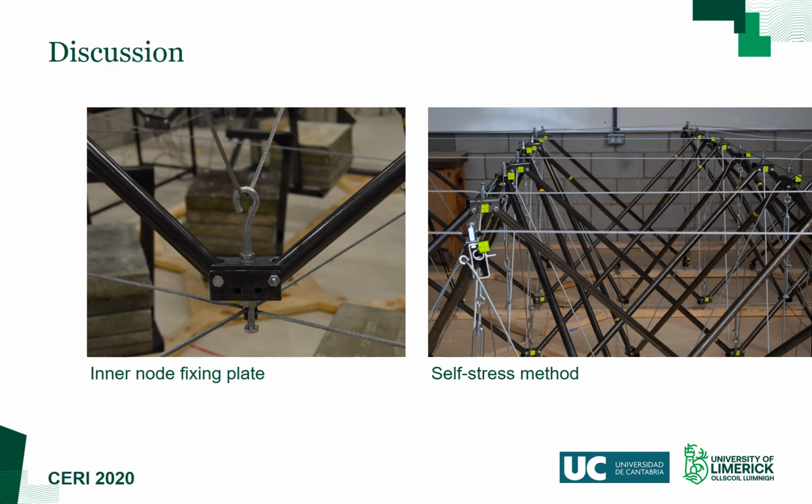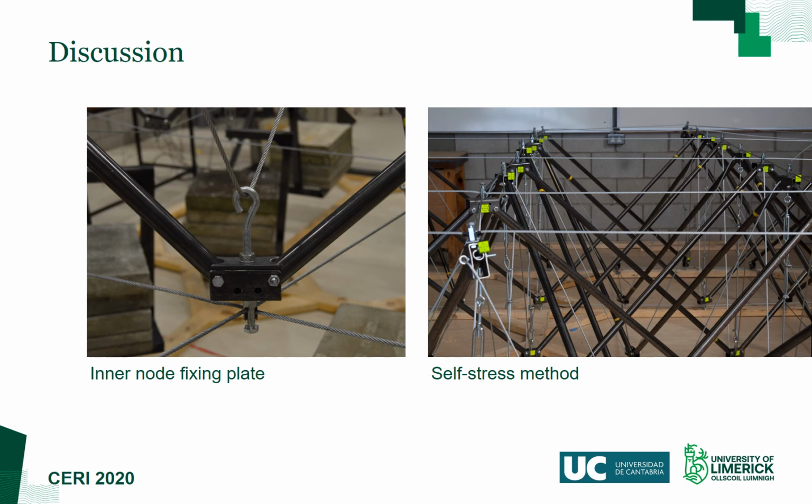The method of applying self-stress to the structure is a very important area which can have a significant impact on the member forces. In this work, the vertical tensors are shortened to introduce self-stress. However, there was no direct control on the tension in the remaining cables. If the initial tension level in those cables is not set correctly, the tensions induced by the self-stressing could be imbalanced, affecting the overall stiffness of the structure and the distribution of forces within it.